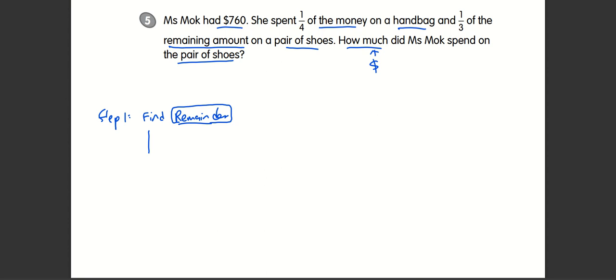So I have all the money here. I'm sorry for the ugly scribble. Let me write it nicer. All the money, that's one whole, minus 1/4, that's minus the handbag. I get 3/4. So 3/4 is the remaining amount of money.